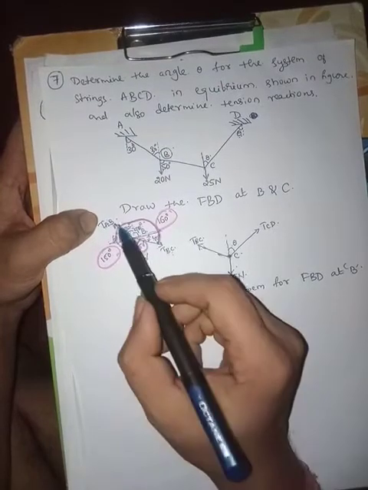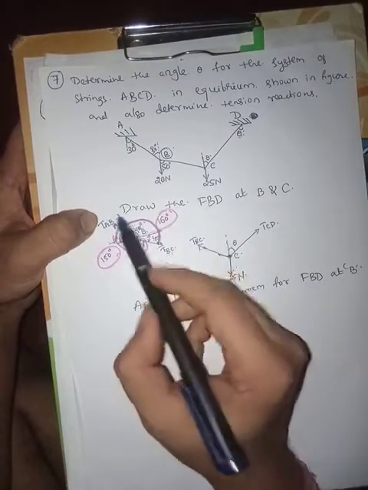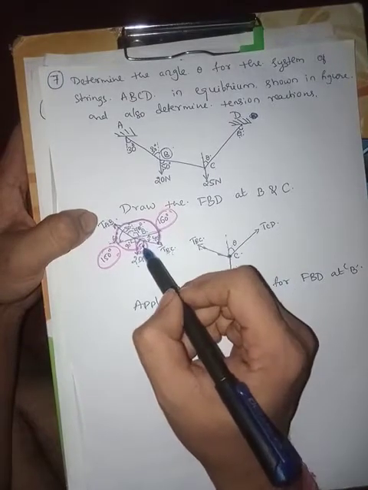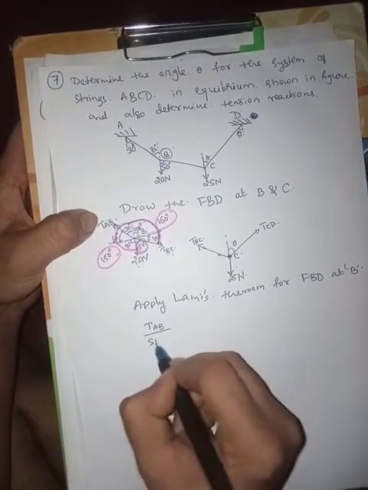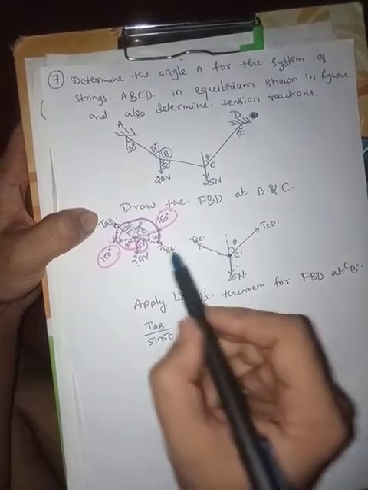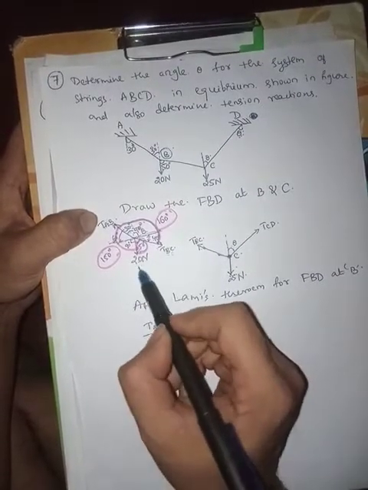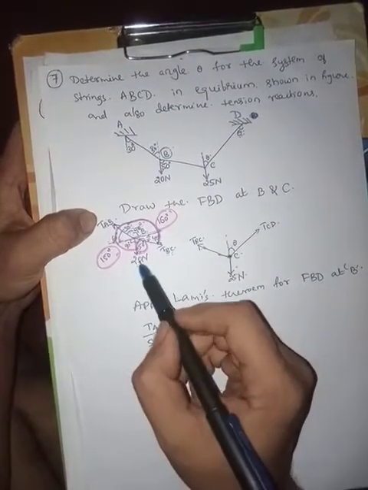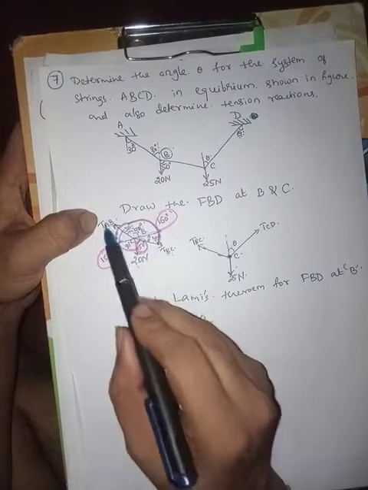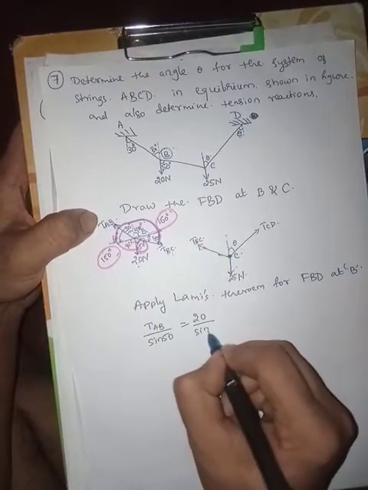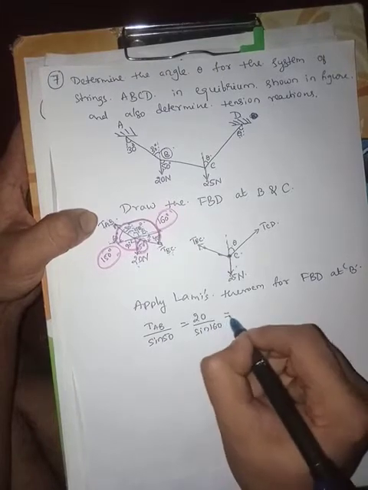What is the sine of the angle between the opposite two forces? The opposite two forces are 20 Newton and TBC. What is the sine angle? It is sine 50. Similarly take this one, 20 Newton upon the sine of the angle between the remaining two forces TAB and TBC. What is that? 160. That is sine 160.